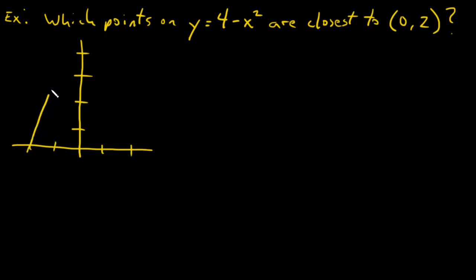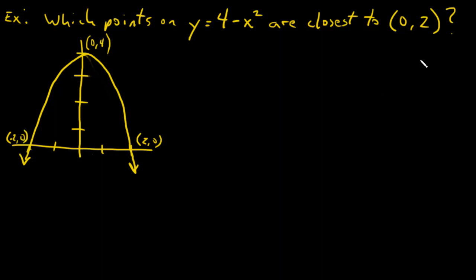So it's going to be a parabola that looks like this. This point right here is at (0, 4). This is at (2, 0) and (-2, 0).